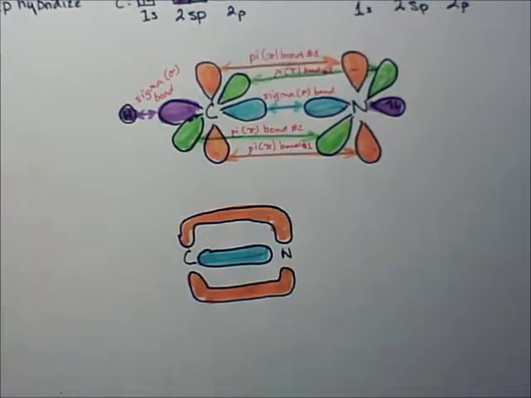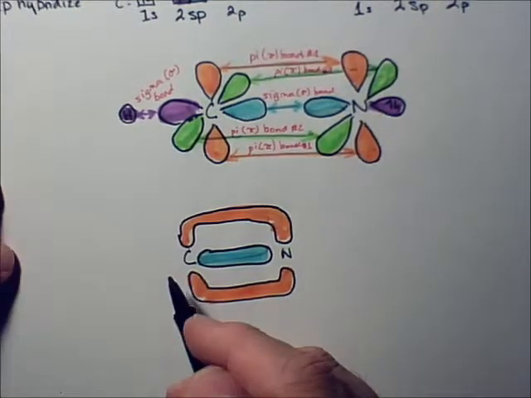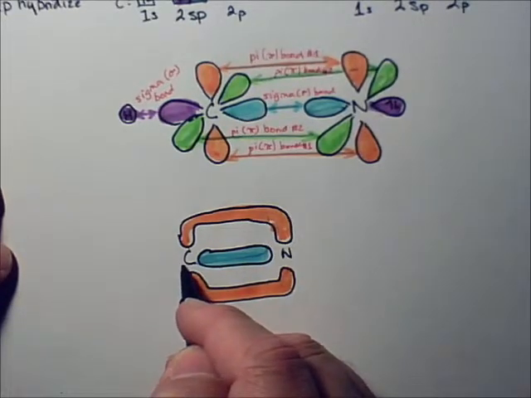Then we're going to have this green orbital. So this one's got to swing out in front and go behind as well.